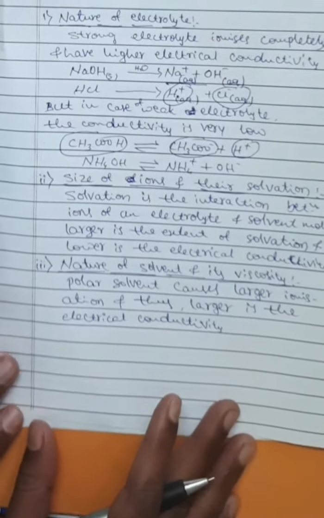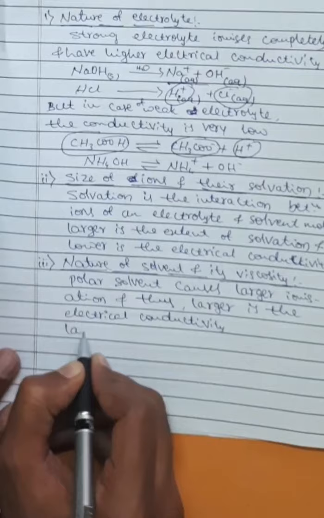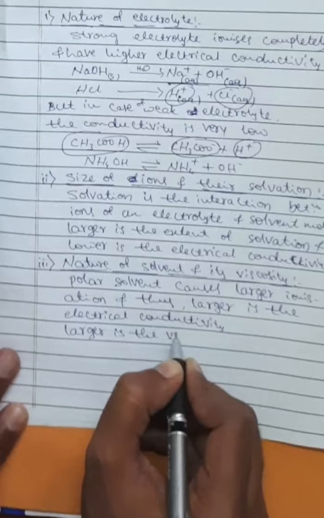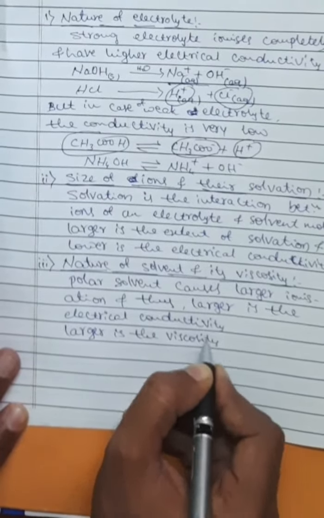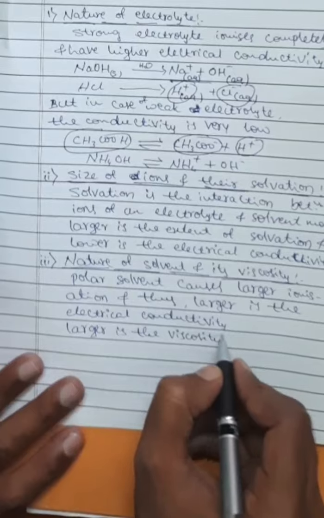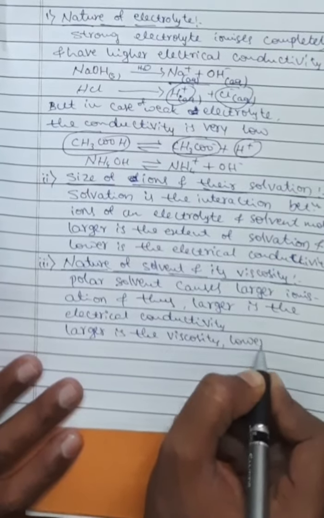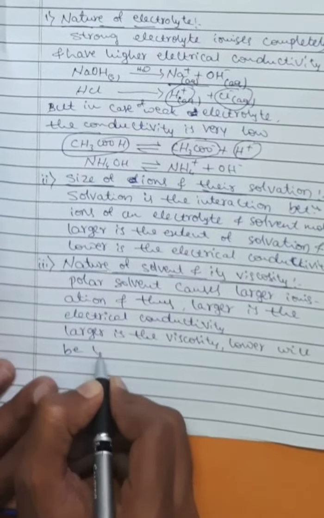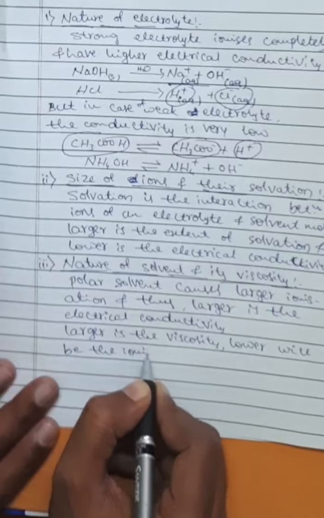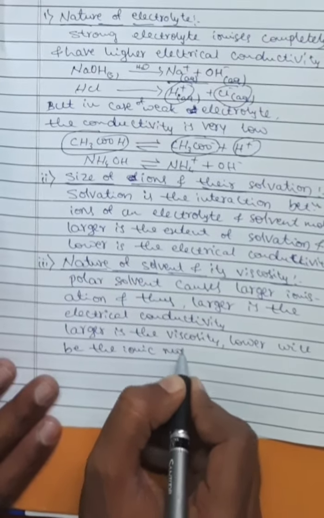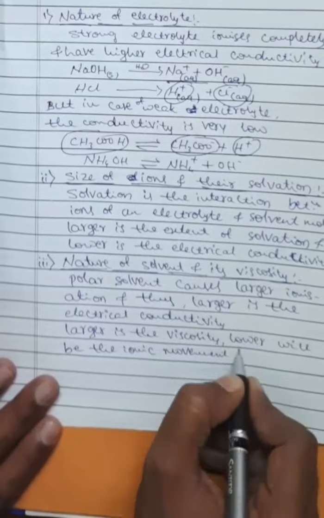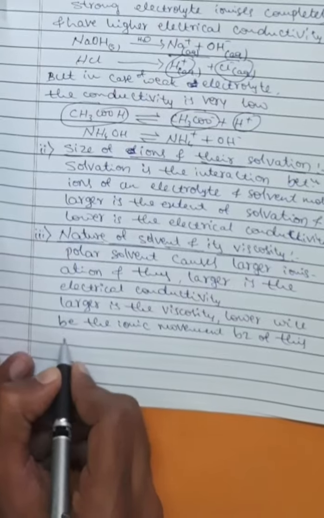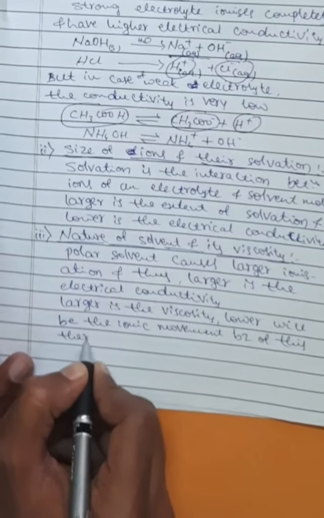Similarly, with viscosity, the larger the viscosity, the lower the ionic movement, and because of this there is a lower conductivity.